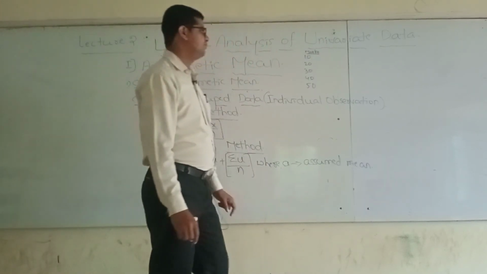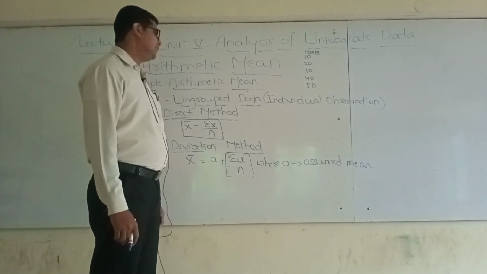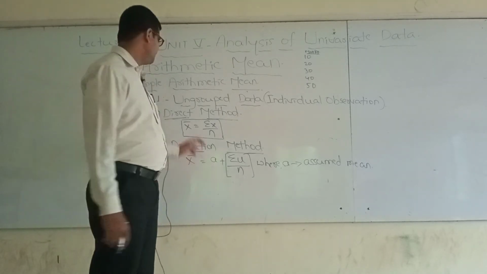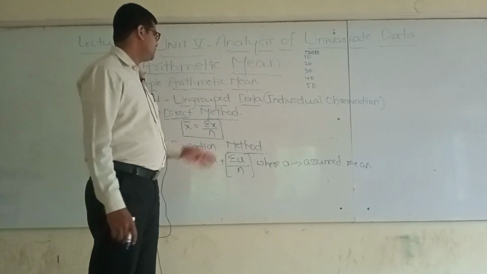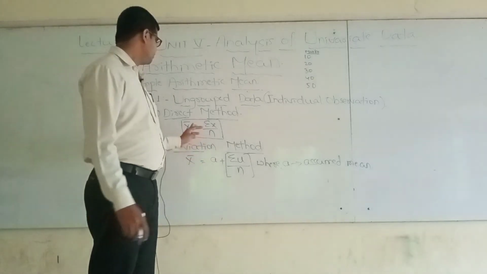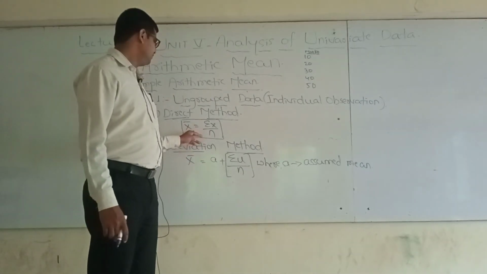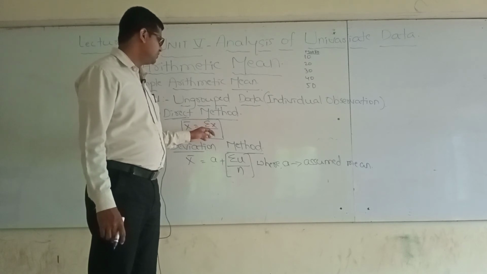They ask you to calculate the mean, and these data are ungrouped data. So you are directly applying this particular method, direct method. X bar is equal to summation x divided by n.